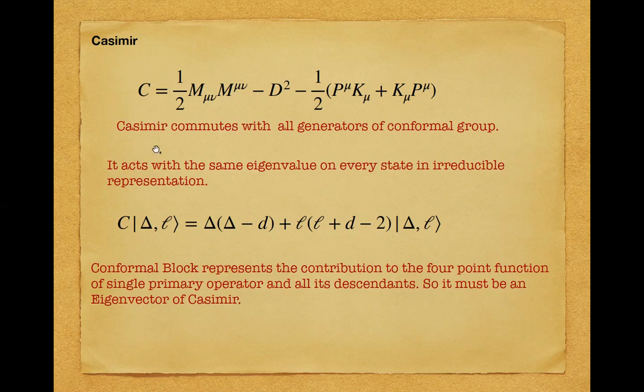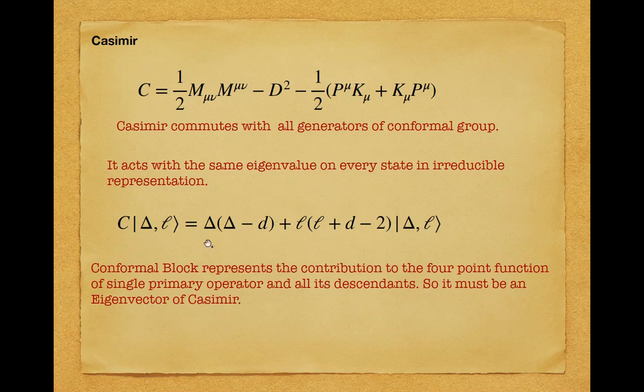Any Casimir of the group commutes with all the generators of the conformal group, and it also acts with the same eigenvalue on every state in an irreducible representation. So if you take a state characterized by these 2 numbers and act with C, this gives you an eigenvalue equation where the eigenvalue is this, times the same state.